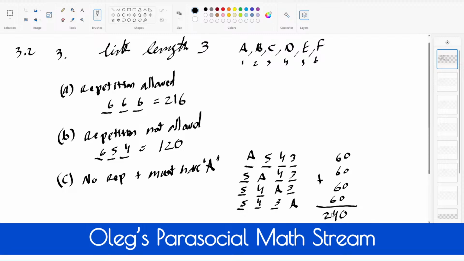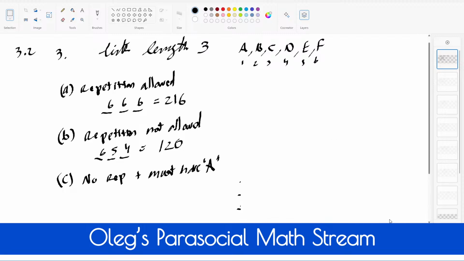Okay, hold up. That's where I messed up. Yeah, it's a list of length 3. I made a list of length 4. So it was correct, but let me fix this. It was also incorrect because I did it wrong. Kind of blazed through that. I answered my own question correctly, but not the book. That's a common thing, if you go too quickly, you can mess up. Check your work. Let's do this correctly.